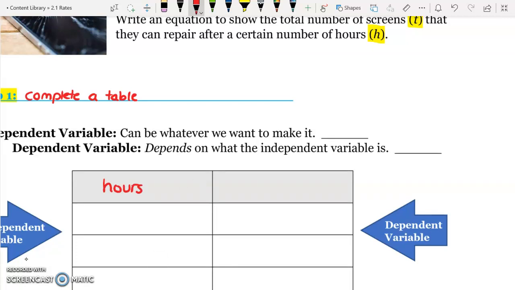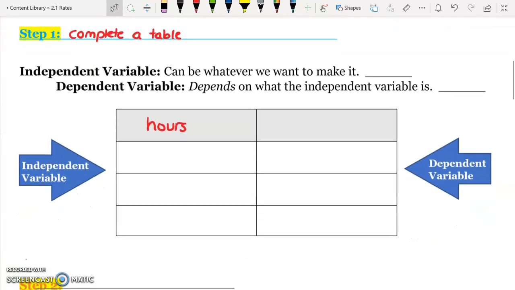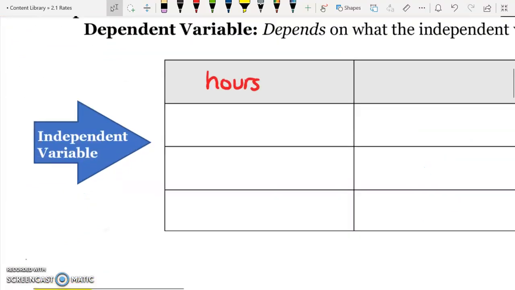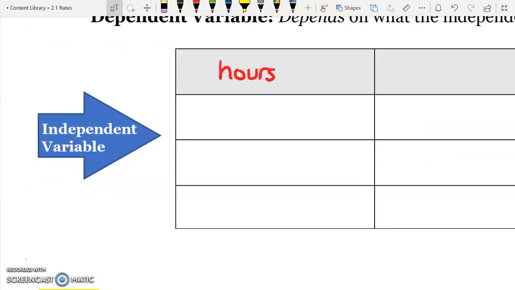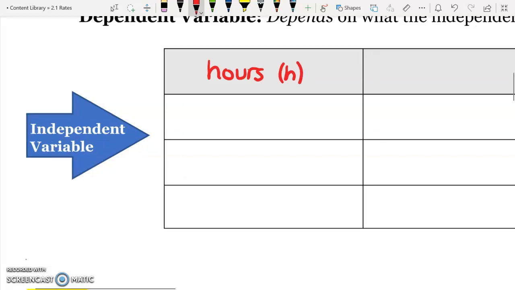That is going to be our dependent variable. In our table, we are always going to put the independent variable on the left side. In this case, that's our hours. We can make hours whatever we want. This technician can work for 2 hours, they can work for 10 hours, it doesn't matter. That is not going to affect our problem. Well, it will, but we can pick whatever value we want for a number of hours. So that's why that's the independent variable.